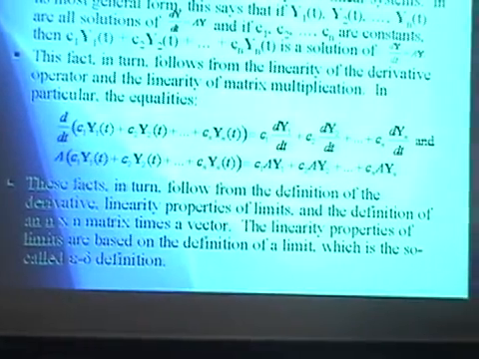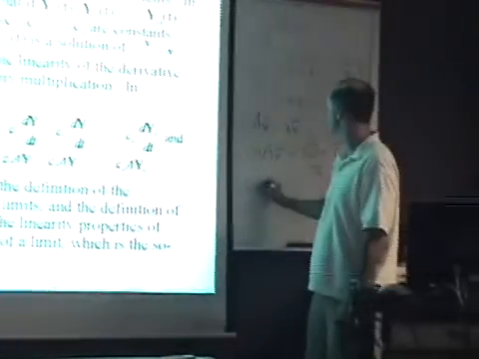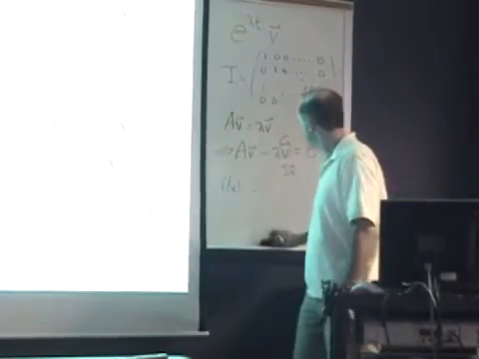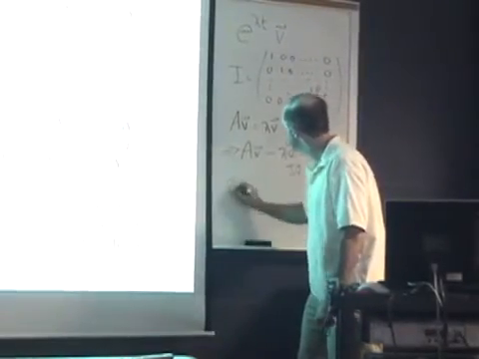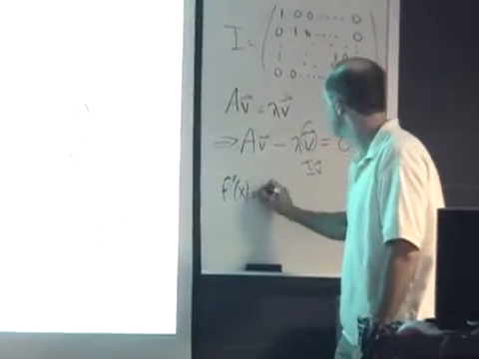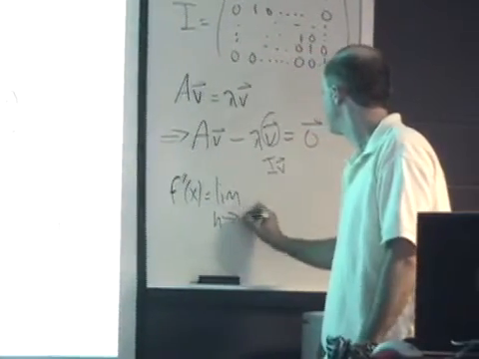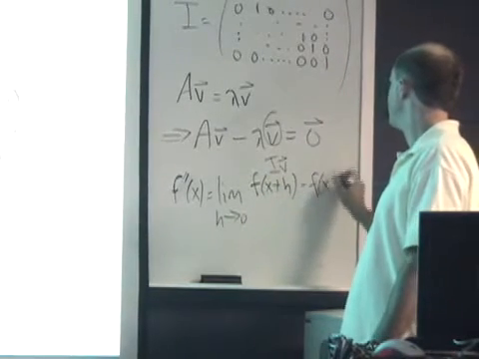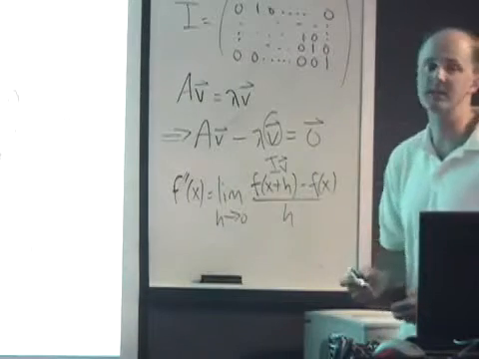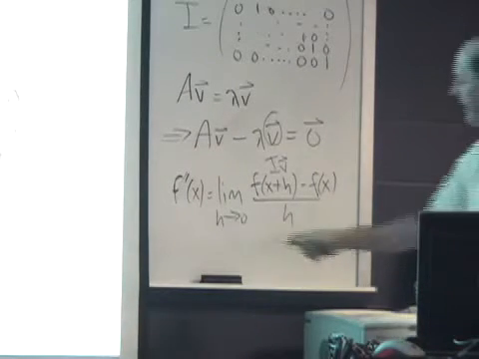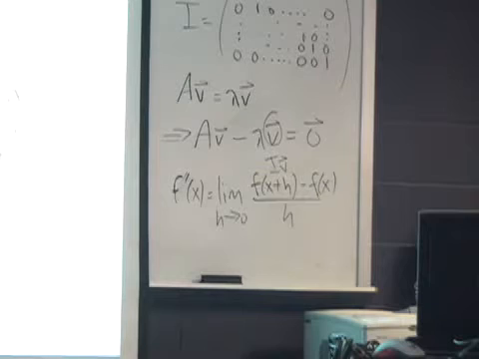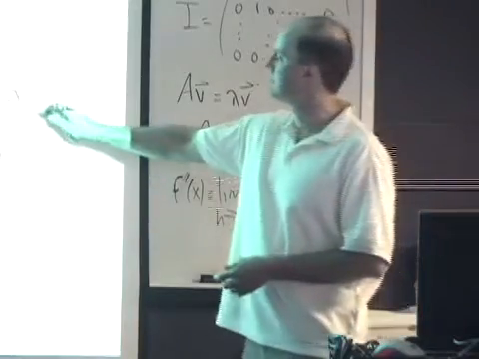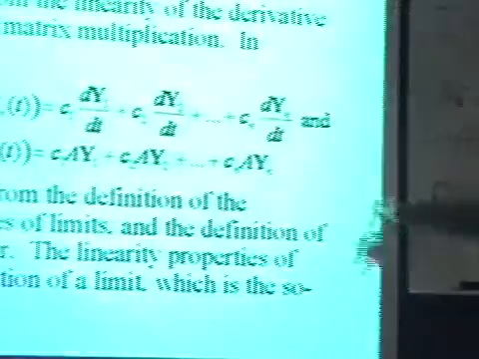For the definition of the derivative, if we're talking about a one-dimensional function, f prime of x is a limit of f of x plus h minus f of x divided by h as h goes to 0. And limits have linearity properties. The limit of a sum is the sum of the limits. And based on those facts, you can use them to derive this property, the linearity of the derivative.